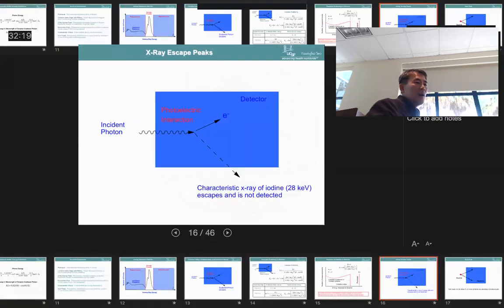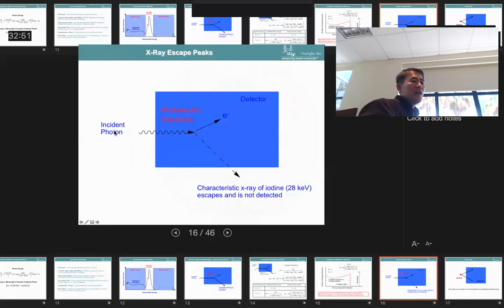Now, I want to talk about what the X-ray escape peak is. Another thing that's happening is that when the photoelectric effect happens within a detector with a certain material, let's say this scintillator contains iodine. Sodium iodide or cesium iodide does contain iodine. Iodine is actually a lot bigger, the atom, than sodium or cesium.